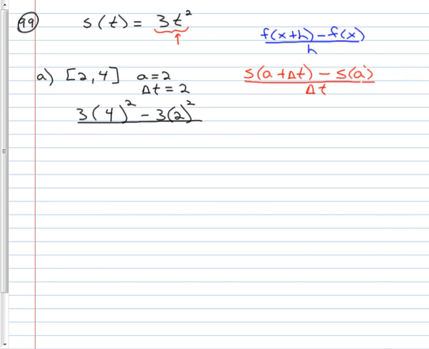All divided by delta t, my difference in time there is 2. 4 squared, that's 16 times 3 is 48. So what's 2 squared? 4. 3 times 4 is 12. What's 48 minus 12? 36. Divided by 2? 18 feet per second. That's our answer to part A. That's the average speed there.